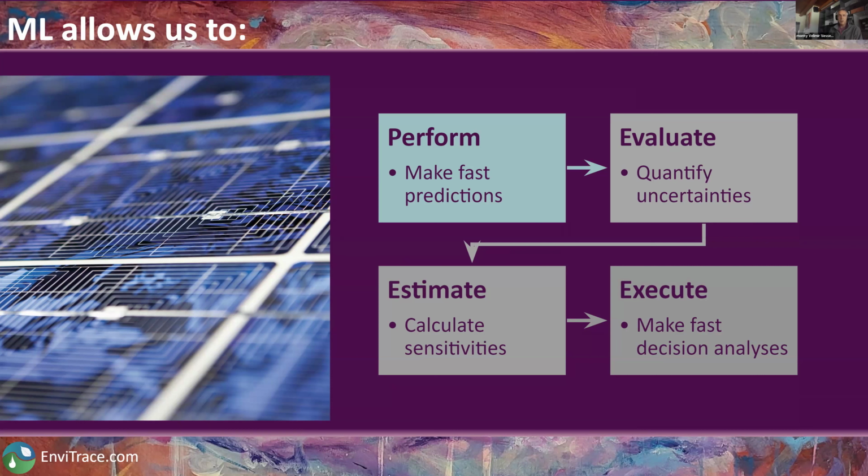We can also compute sensitivities, which means how sensitive the machine learning model is to what we're getting out. In some cases, this machine learning model could be very robust and accurate, regardless of what the inputs are. In many cases, it might be very fragile, and we need to know how fragile or how robust our machine learning model is.